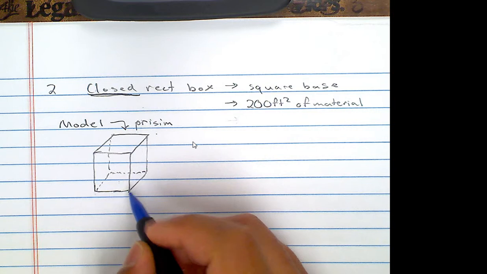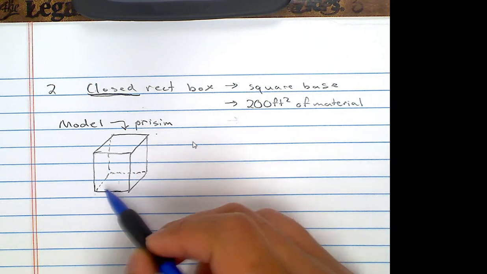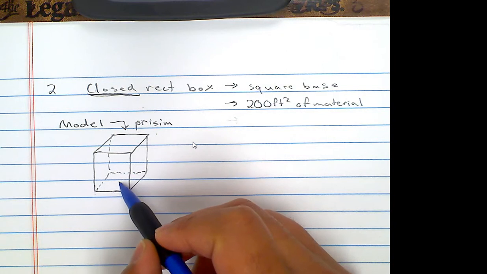So you can have rectangular prisms with a rectangular base. This is actually a square prism, because it has a square base.